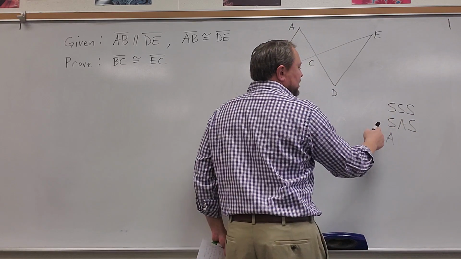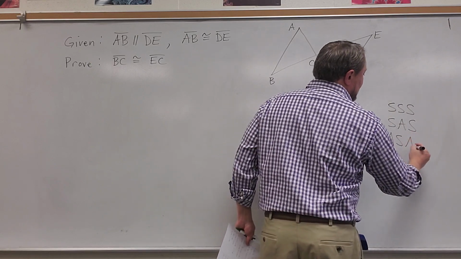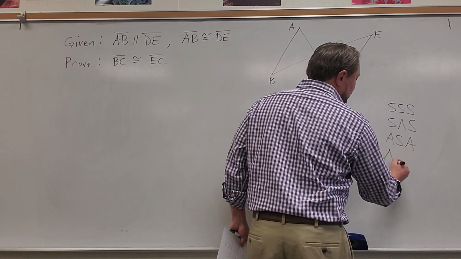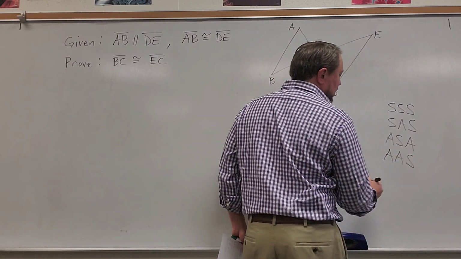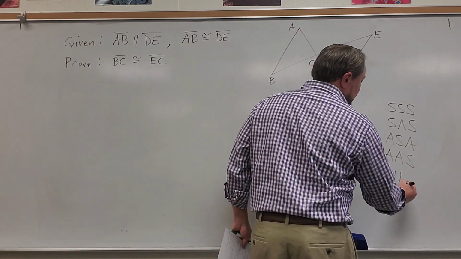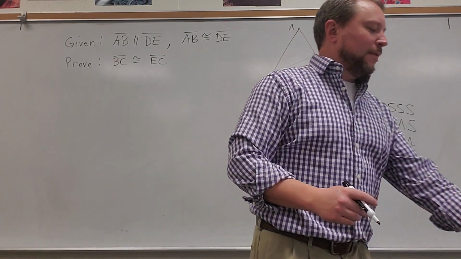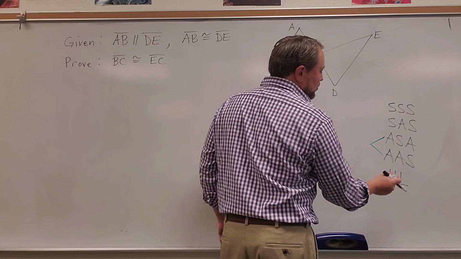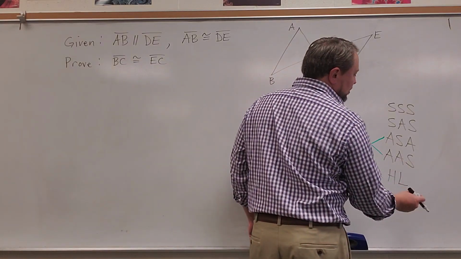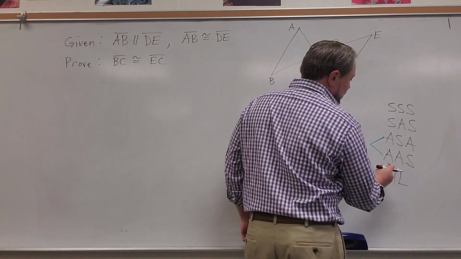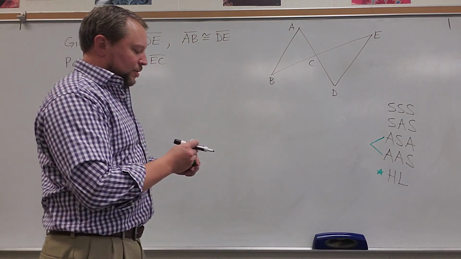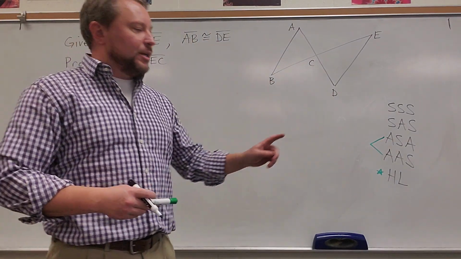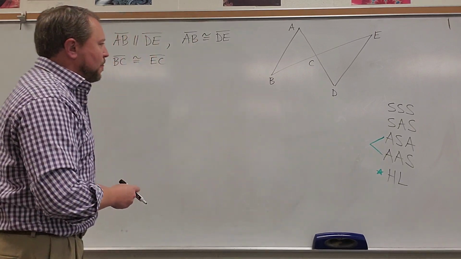We had SSS, SAS, ASA. Those were the first three we learned. The new ones today, AAS and HL. And remember, these can be confusing. This one is based on donkey. So I'll just put a little star by that one. That's the rare occasion where you can get away with spelling donkey, but you still got to call it HL.